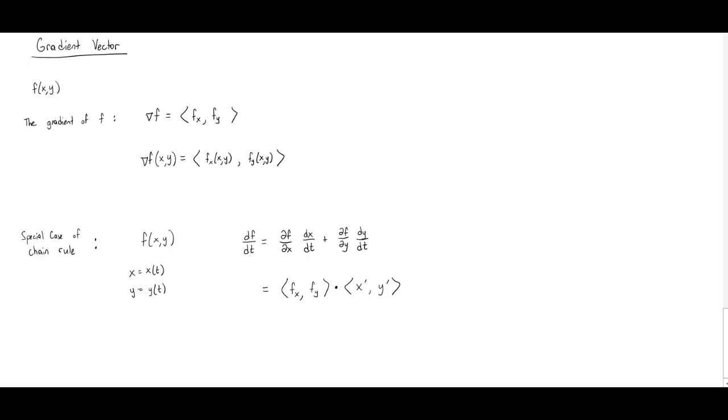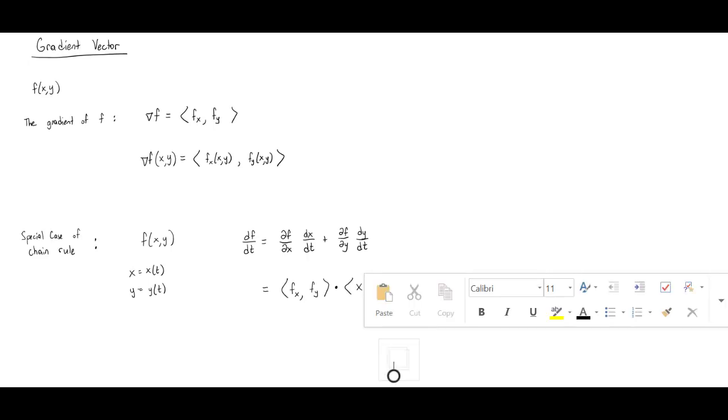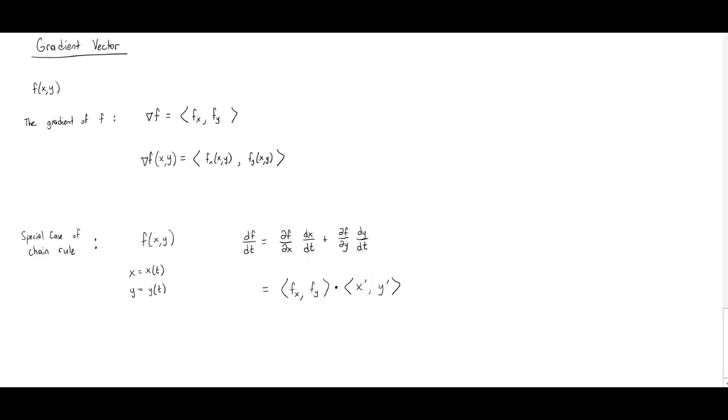Can you guys see that? I'm switching notation with my derivatives so that you guys can follow. Okay. Okay, so if I let r of t denote the vector of x and y. So as you guys know, when we were studying curves, the derivative would be x prime, y prime.